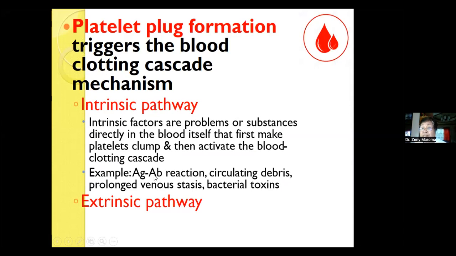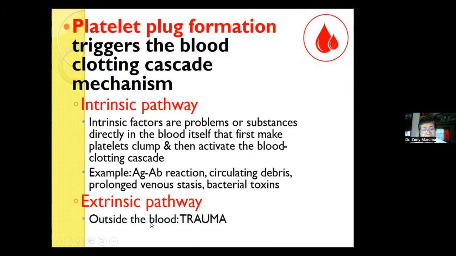Examples: antigen-antibody reaction, circulating debris, prolonged venous stasis, where the patient is bedridden, not moving, paralyzed, or there are toxins in the blood. So that is the intrinsic pathway.